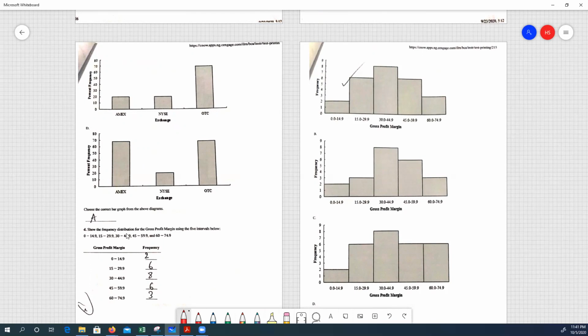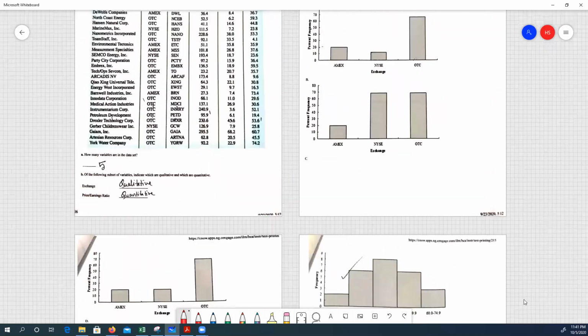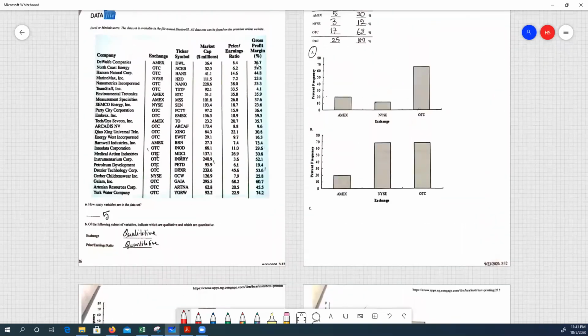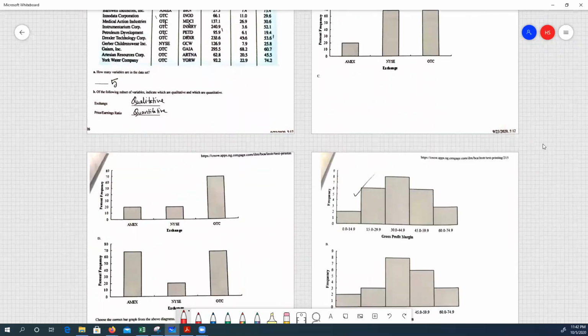Okay, show the frequency distribution for the gross profit margin using the 5 intervals below. Okay, so we have these 5 intervals. Now we have to find how many numbers are between 0 to 14.9 for gross profit margin. So you have to look at the values here and see how many numbers are between 0 to 14.9.